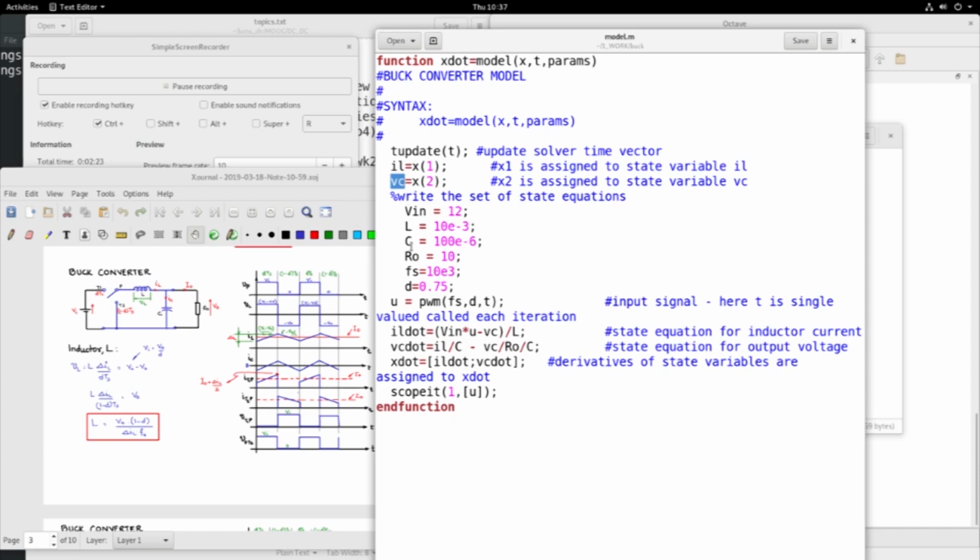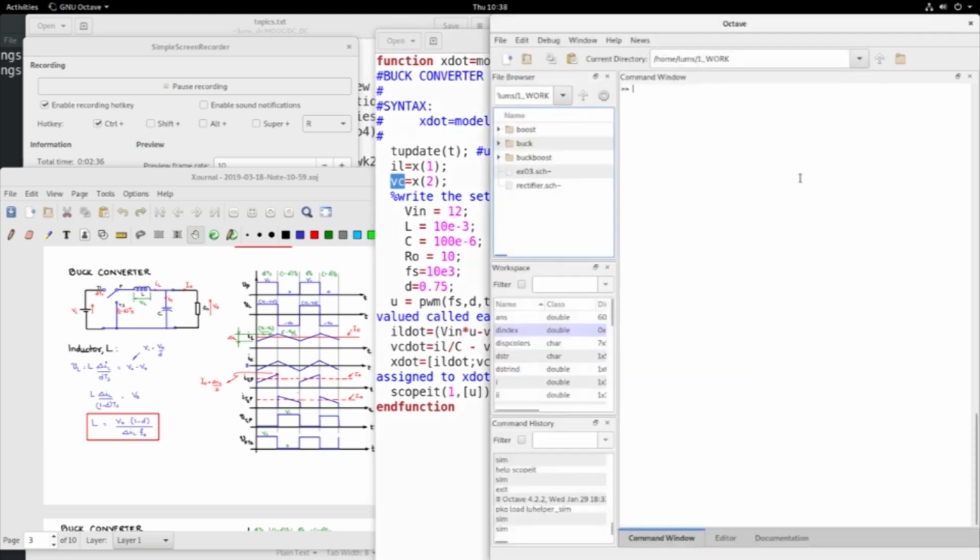So I have set these parameters, V in as 12, similar to what we simulated in ngSpice, and this is ready for simulation in Octave environment. So now let me go into Octave, go into the buck folder and execute the sim file.